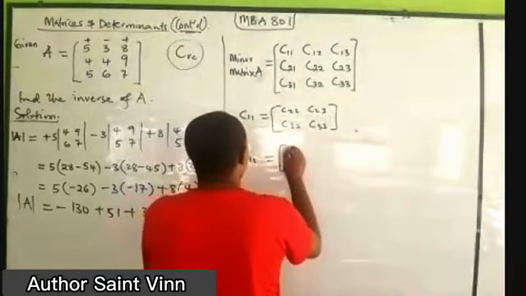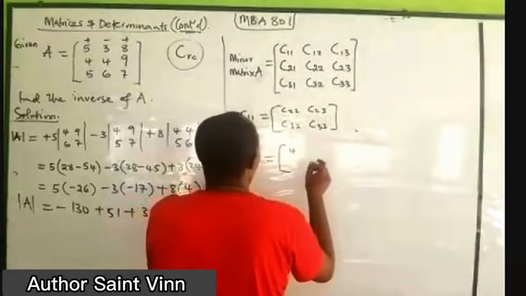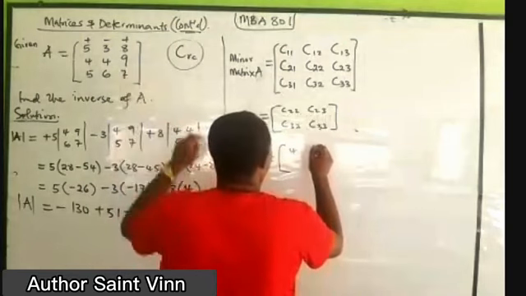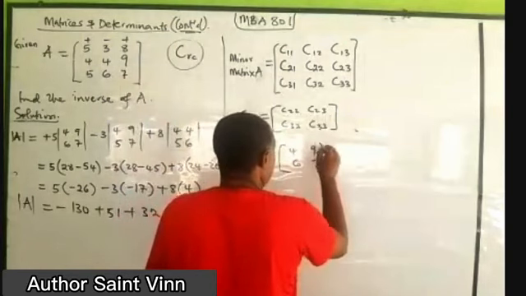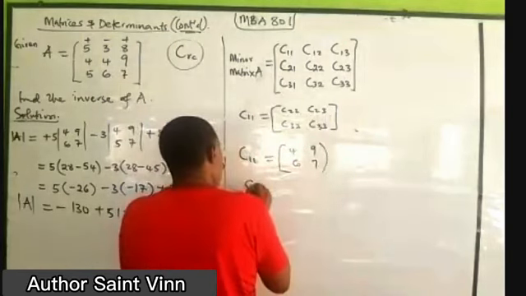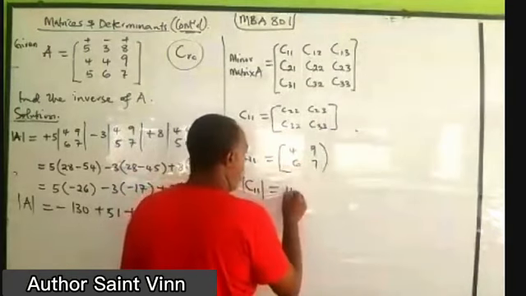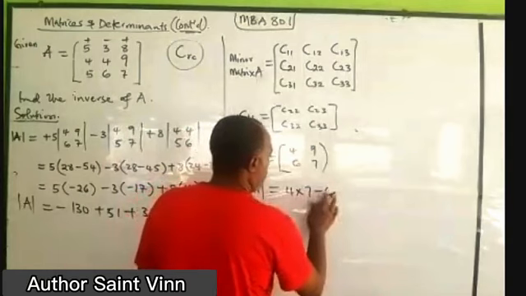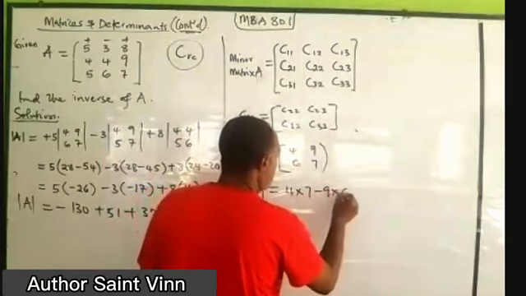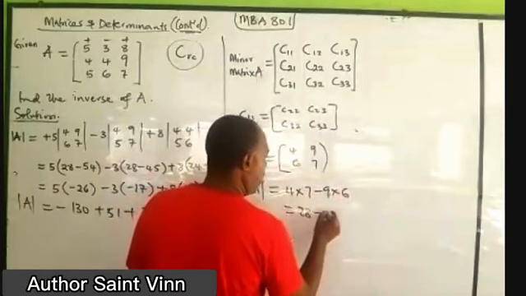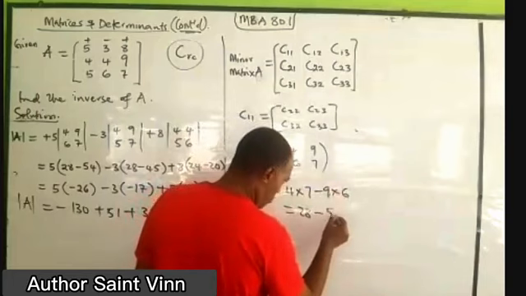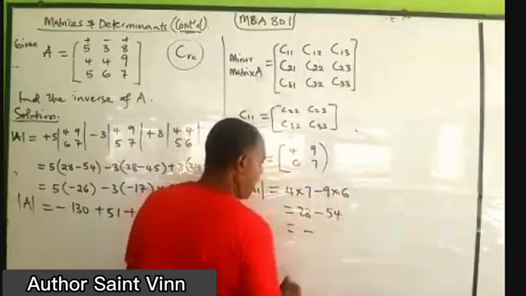C11. That means here is 4, 9, 6, 7. C11 is 4 times 7 minus 9 times 6. 28 minus 54. Answer.